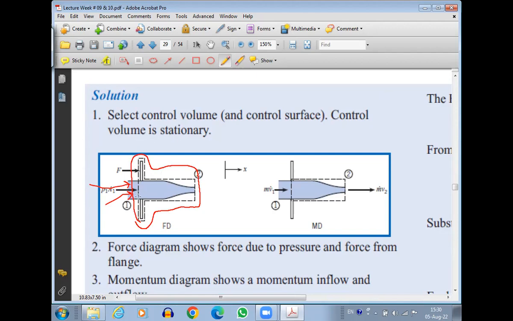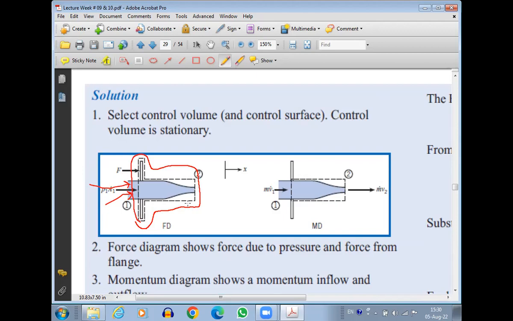That will be the first force at the inlet. Then at the exit, we won't have the force. Why? Because at the exit, it is going out into the atmosphere. Since we'll be using the gauge pressure, at the exit the gauge pressure is 0. If the pressure is 0, correspondingly, the force is also 0.